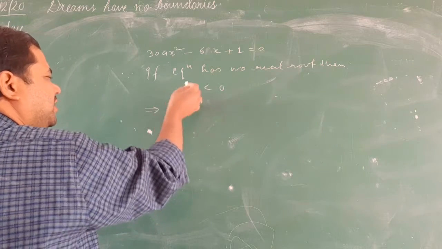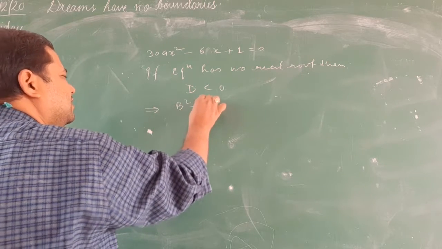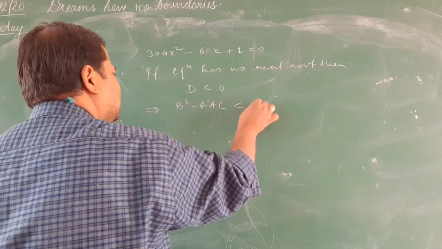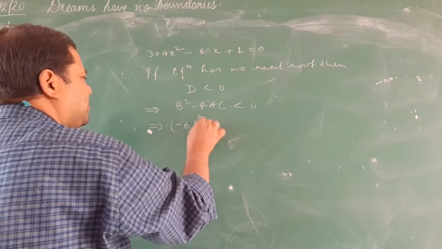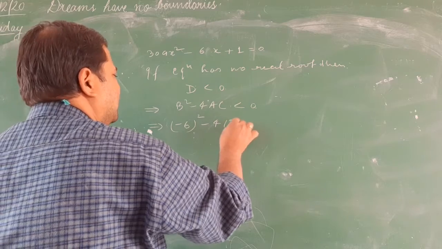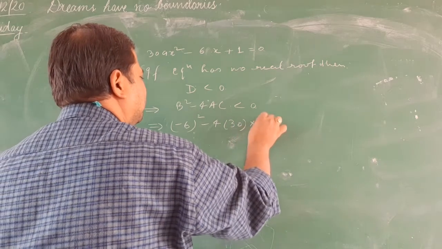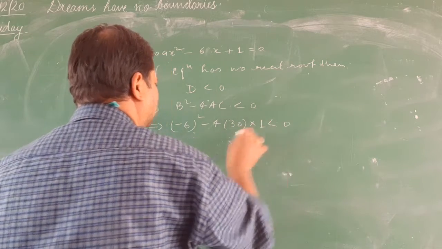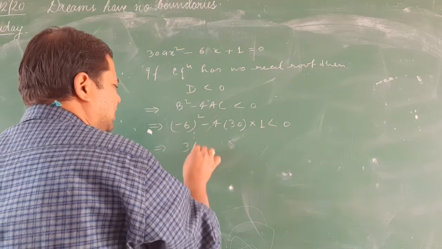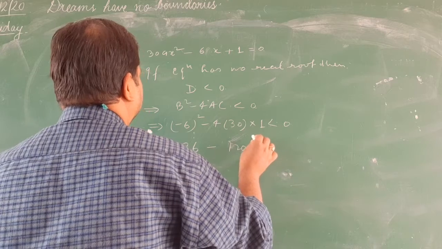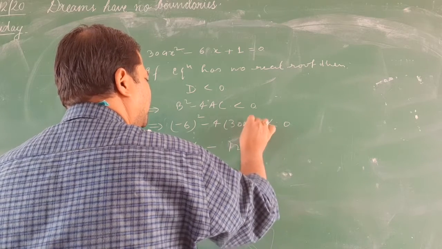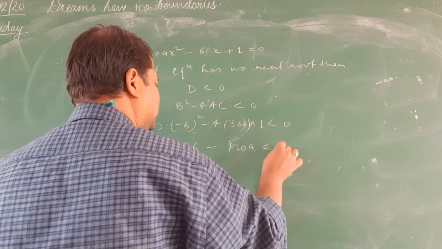Here b is minus 6, so minus 6 whole square minus 4 into a into 30 into c, that is 1, is less than 0. So this is 36 minus 120a less than 0.